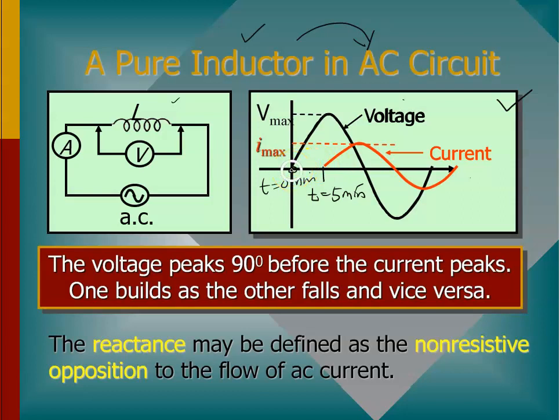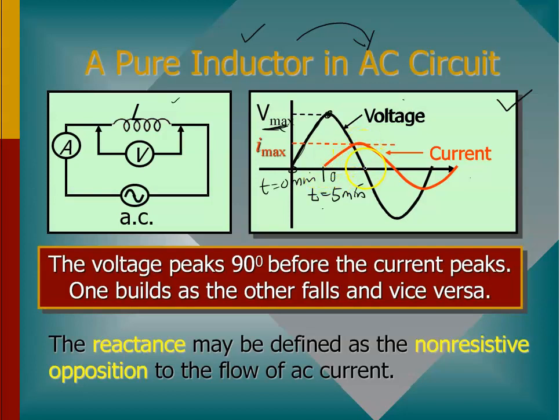When t is equal to 0, the voltage starts rising until t equal to 5 minutes, where the voltage is at its maximum value. Meanwhile, the current at t equal to 0 hasn't started yet. It starts at t equal to 5 with a value of zero.